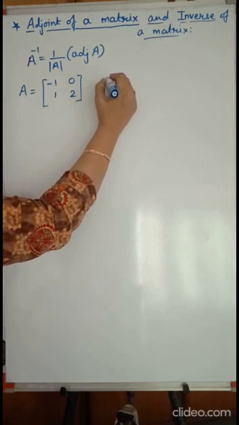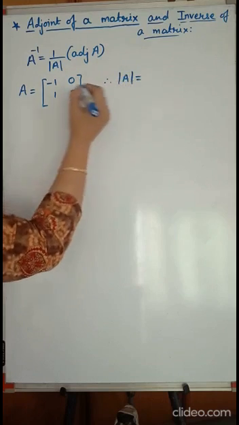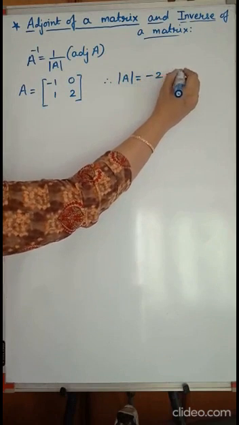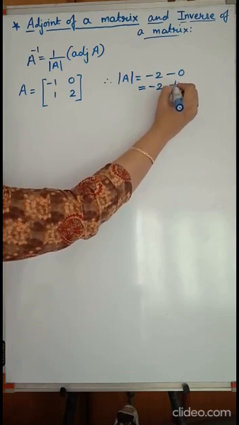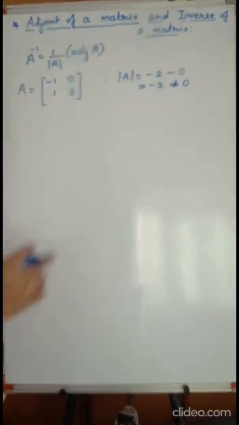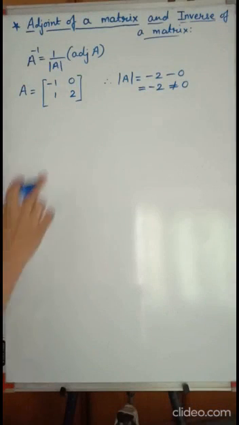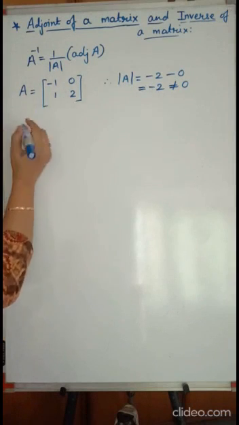First of all, your first step is determinant A. What is determinant A? It's minus 2 minus 0. So it's minus 2. It should not be equal to 0. If you are getting this equal to 0, 1 upon 0 is not defined, so you cannot find A inverse. Now here, since it is not 0, we can find A inverse.